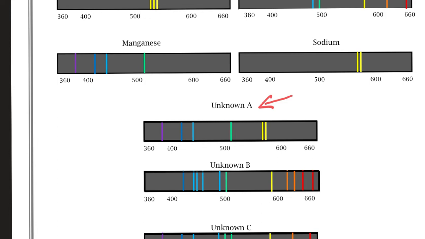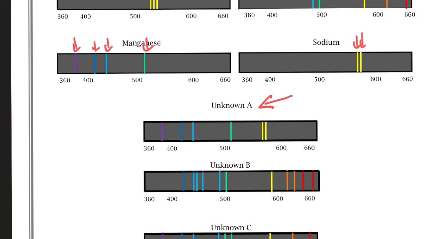And then strontium also has an orange and it has a red. Copper just has 3 yellow. Titanium has a blue, a green, a yellow, an orange, and a red. Manganese has a purple, medium blue, light blue, green. And sodium has 2 bands, which are both yellow.